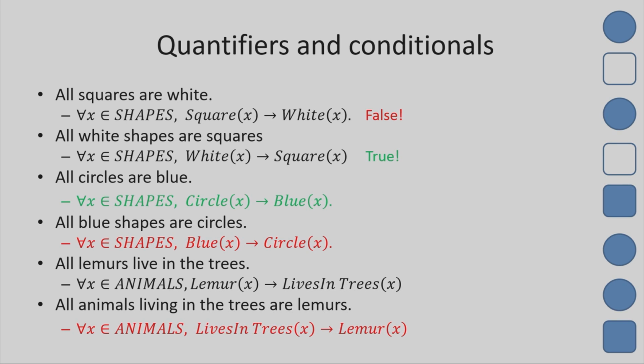Well, I don't know enough about lemurs to really say for sure, but I'd be tempted to say that it's probably mostly true. How about all animals living in the trees are lemurs? Well, now we are talking about something completely different. For every animal, if it lives in a tree, then it must be a lemur. But wait a moment, monkeys live in trees, birds live in trees, insects live in trees. That really doesn't make sense.